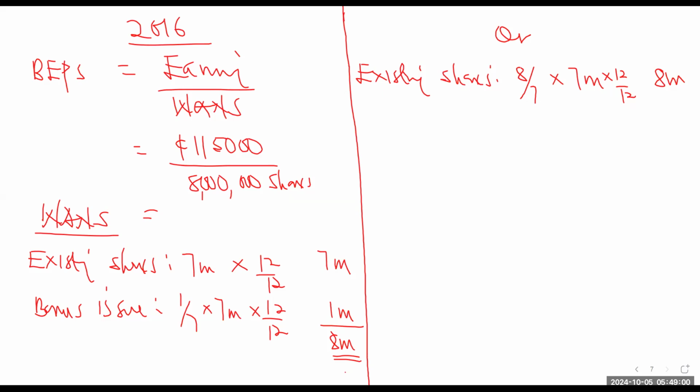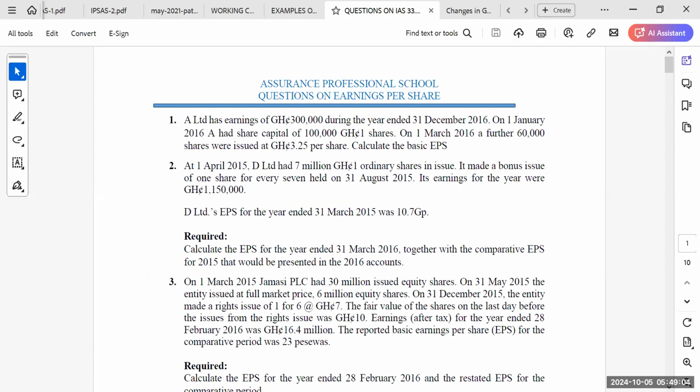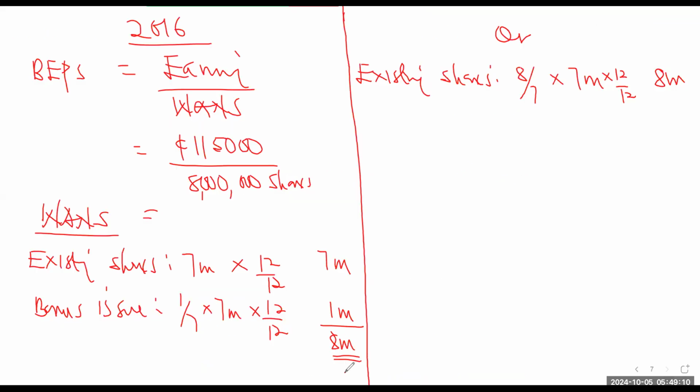I'm getting 0.14. But we said something about that. This one should be done in the highest denomination. So what you do over here is that you change it to pesos.